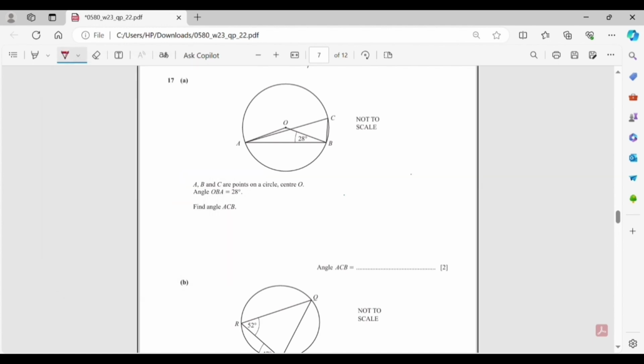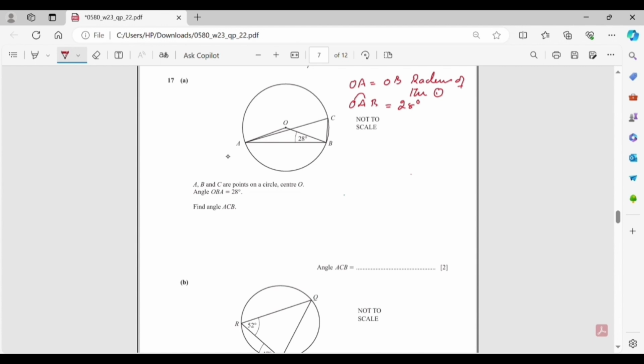Now as OA is equal to OB, radius of the circle, OA equals OB, circle, right? Now angle OAB will also be equal to 28 degrees.